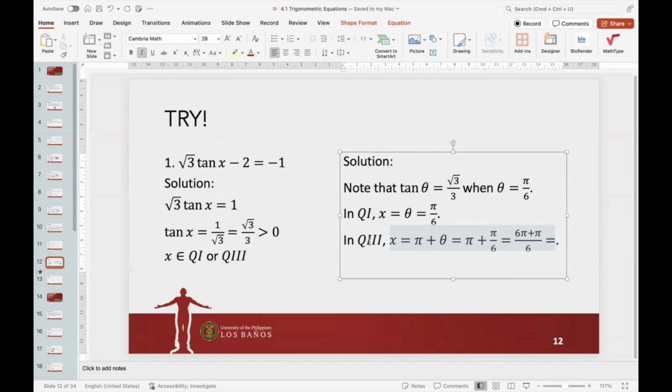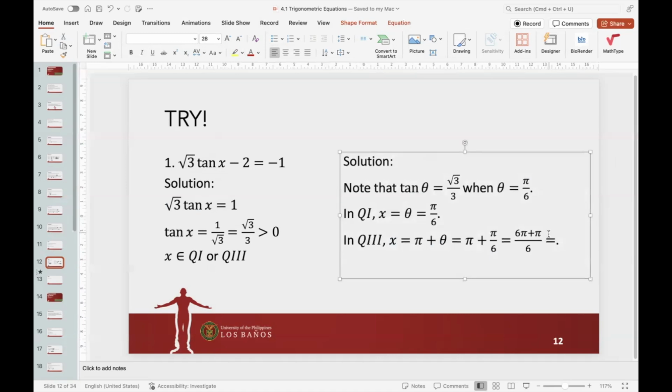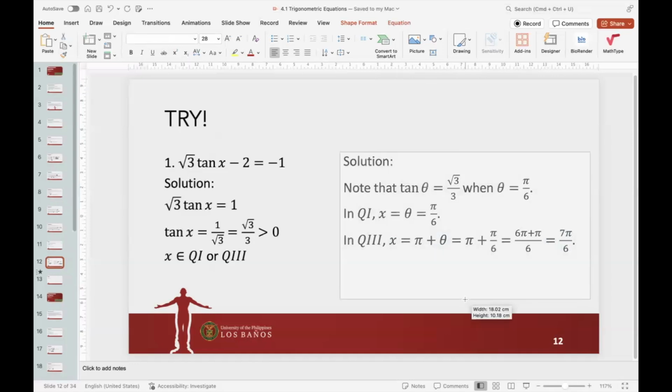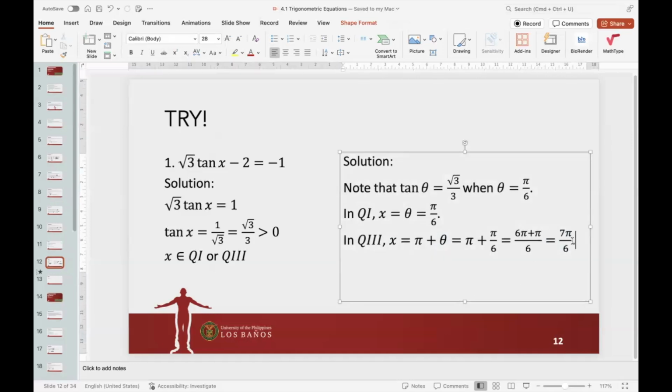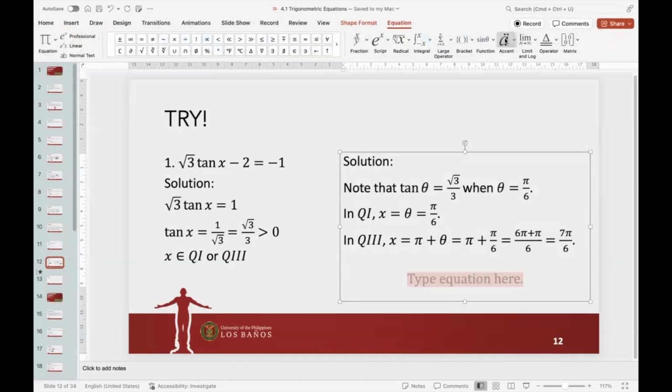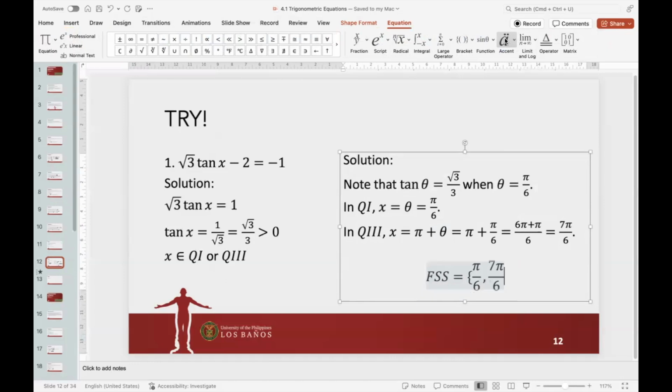Simplifying this, we will be getting 7 pi over 6, and that is our solution for the third quadrant. Therefore, our FSS must be equal to the set containing pi over 6 and 7 pi over 6. Alright?